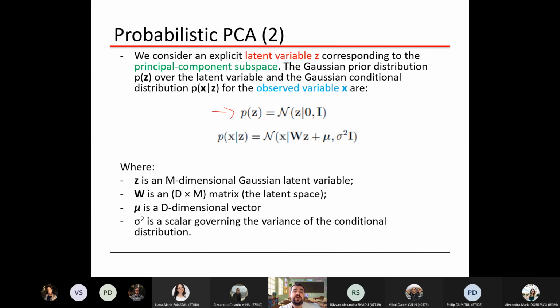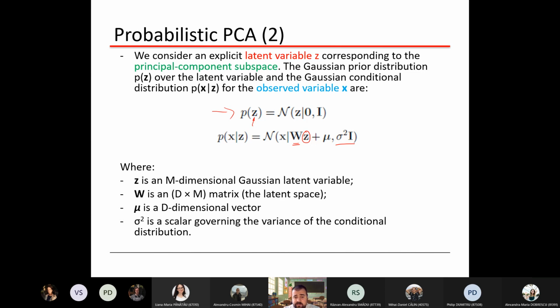And also we will have the Gaussian conditional distribution P of X given Z. I told you that we have a linear dependence on the latent variables, so we have a linear combination of Z from the latent space, and we have Gaussian noise. So the covariance matrix is independent of Z, and it has a Gaussian form. So we have sigma squared multiplied by the identity matrix.